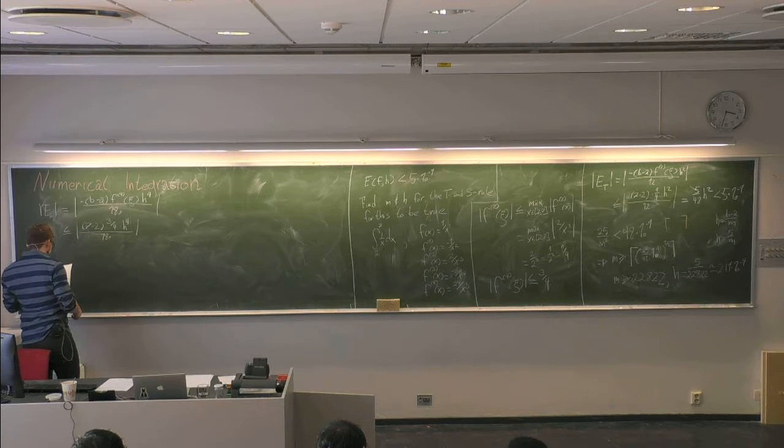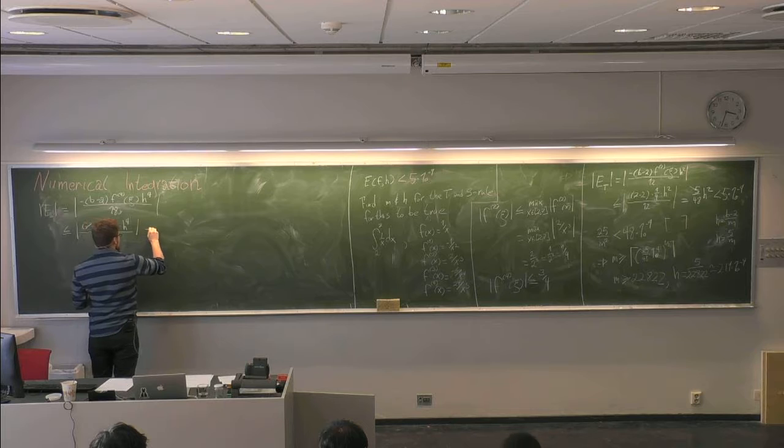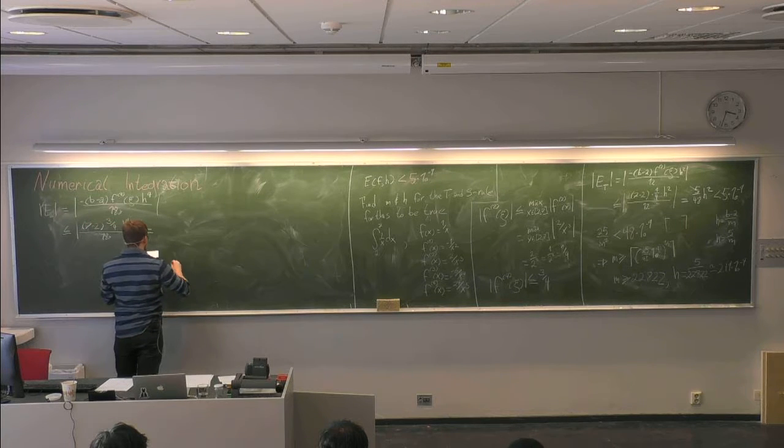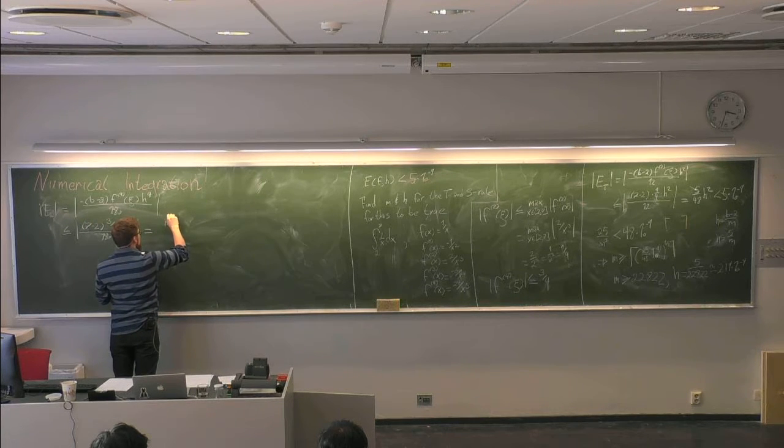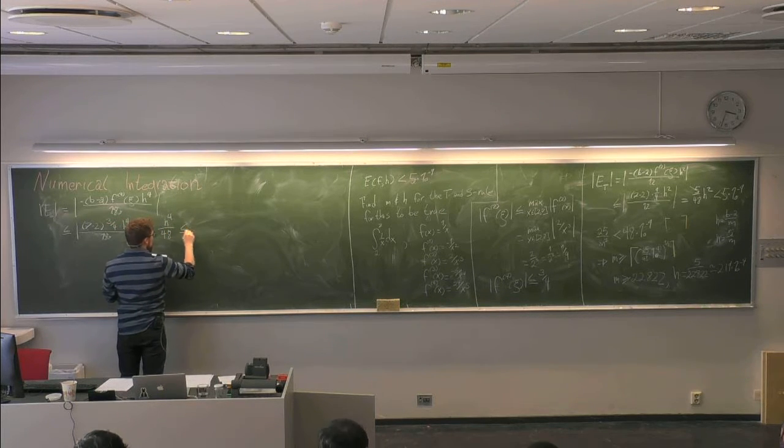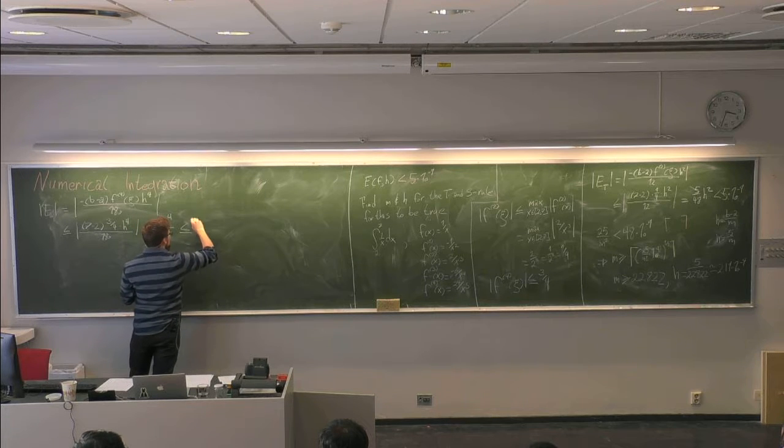This is equal to h to the power of 4 over 48, and again this should be lower than or equal to our error, 5 times 10 to the power of minus 9.